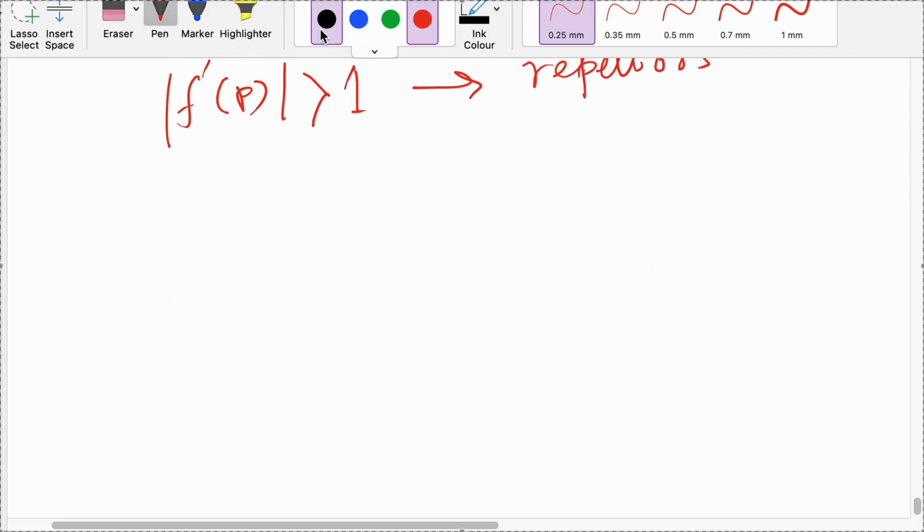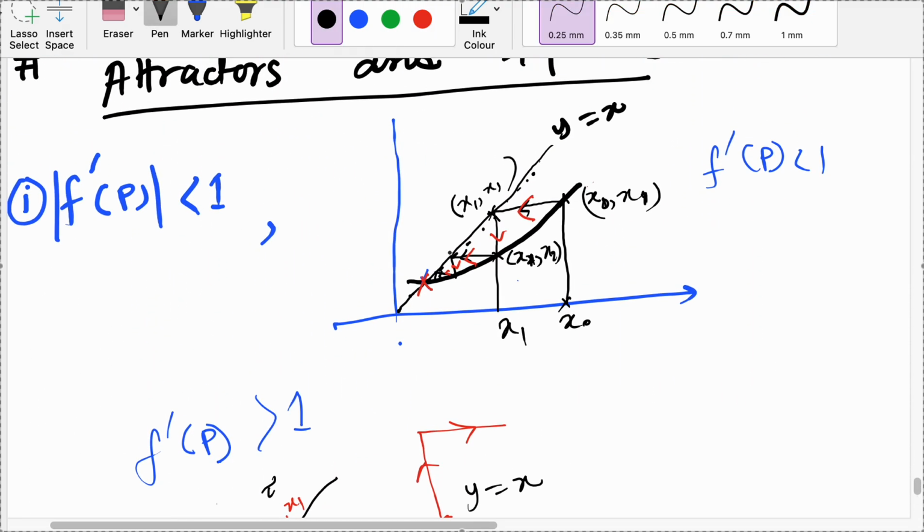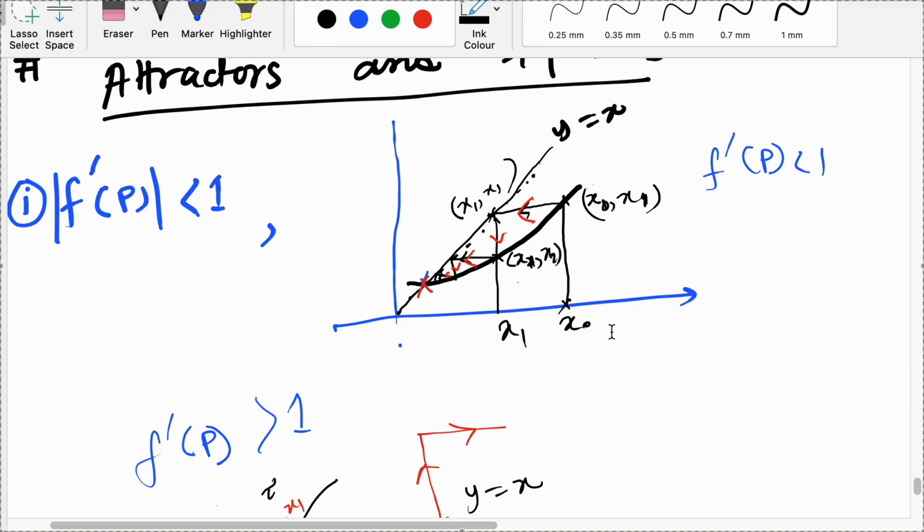So that is the main thing here. The theorem is saying that from the cobweb diagram we can see this for only one initial condition. Now if I want to say in general that if f prime p is less than 1, then this fixed point is an attractor, because you see it is only for one initial condition.